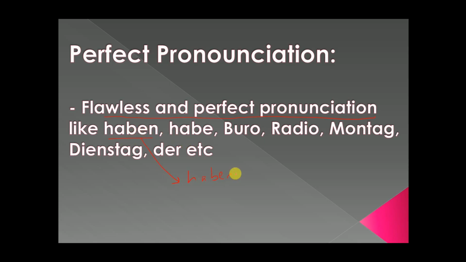So for example, haben. If we go by the words, we'll call it haben. But in German, it will be haben. Yeah. May I ask everybody to please pronounce this word right away, one by one? Haben. Okay. Next, please. Haben. Make sure you speak haben.